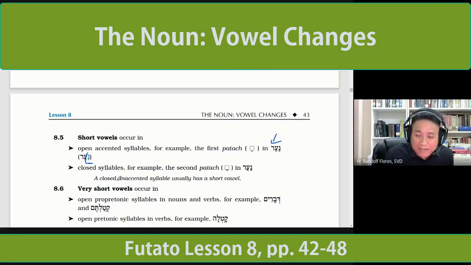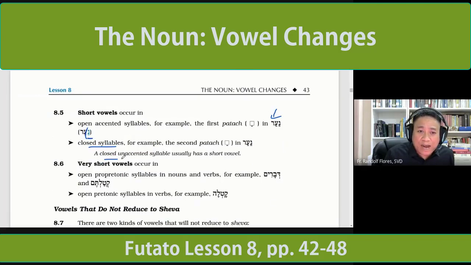Na, and r. So this is an exception to the last syllable being the one with the tone. Closed syllables, for example, the second, patach. A closed and accented syllable usually has a short vowel. So where is the closed and accented? The r. So na is the open accented, r is the closed and accented.